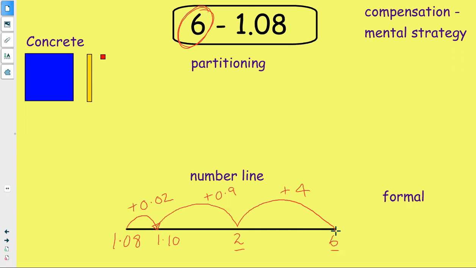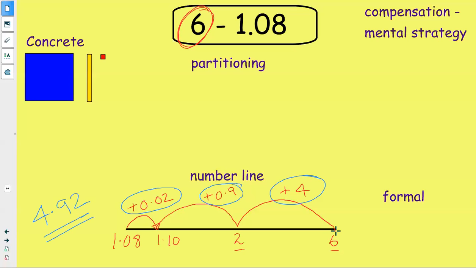And then you're going to add all of them together to get your final answer. Again, you could put them underneath each other, but they're all in different columns, so this is actually quite easy. There's no carrying over, so your answer is 4.92. And I really like the number line method here.